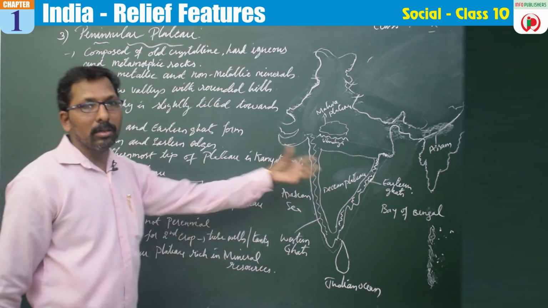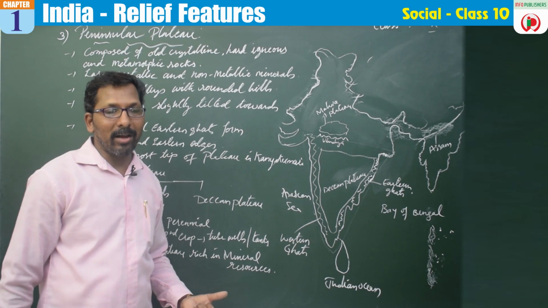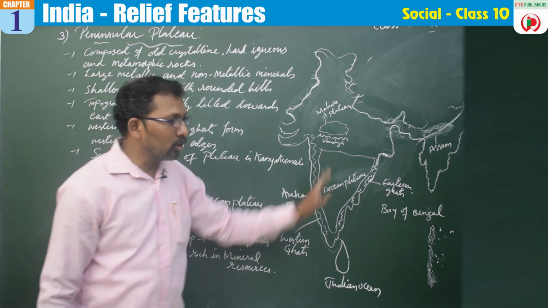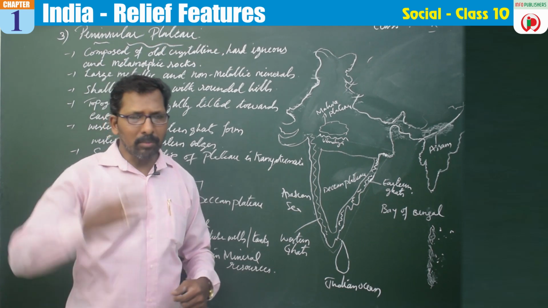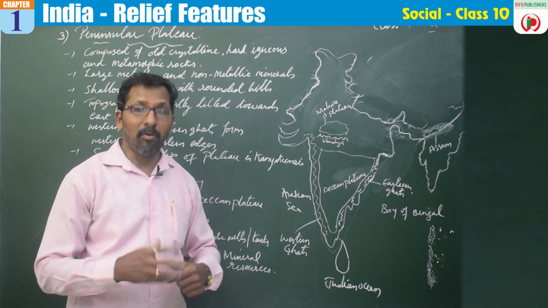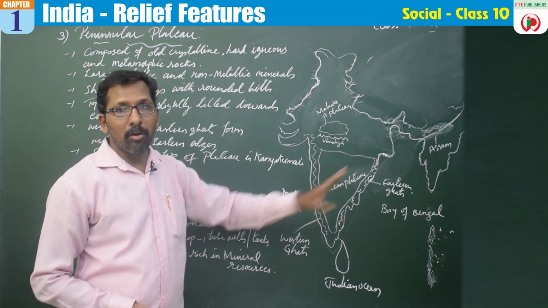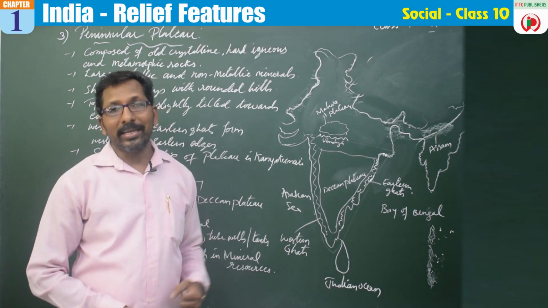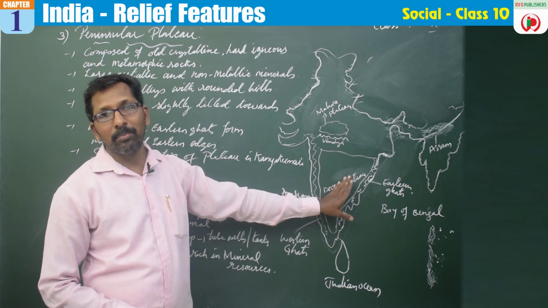Now, let us learn more about this Peninsular Plateau. How was this formed? If you go to the geological background, I told you that this plateau was formed due to volcanic eruptions. Some 600 million years ago, this Peninsular Plateau was formed and was present in the Gondwana region. So, this was formed due to continuous volcanic eruptions, and that is why we find black soil present here.